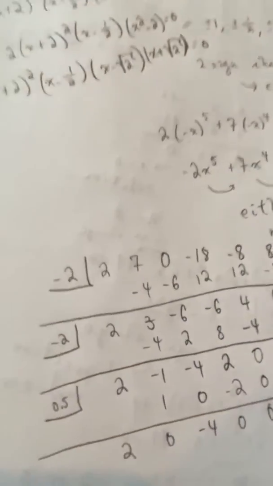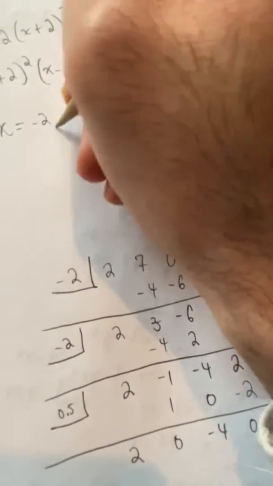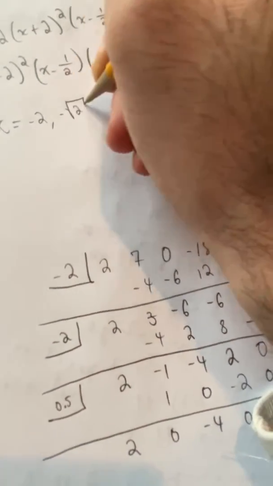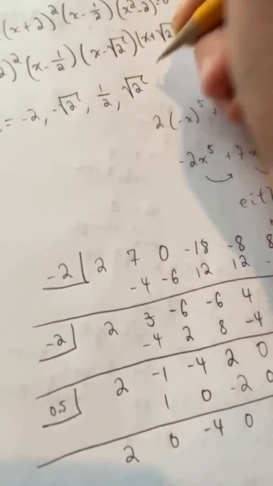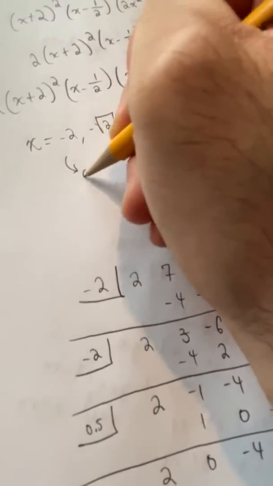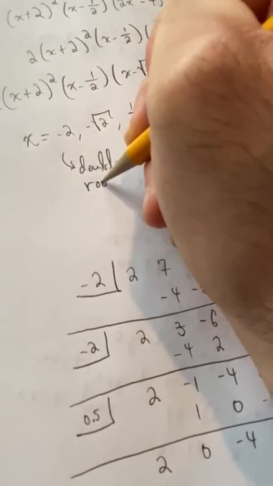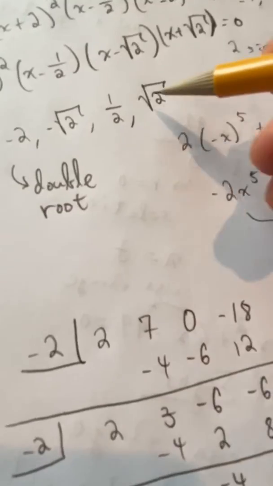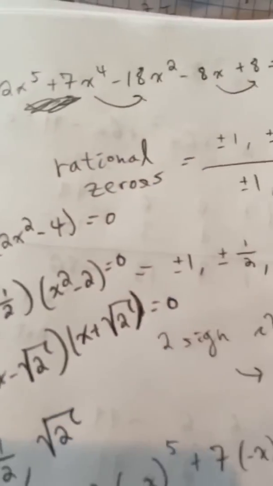Okay, so those are all of our possible x values: x equals negative 2, negative square root of 2, 1/2, and positive square root of 2. Now, negative 2 is a double root. So these 4 distinct answers account for the 5 possible zeros that we can have for this polynomial.